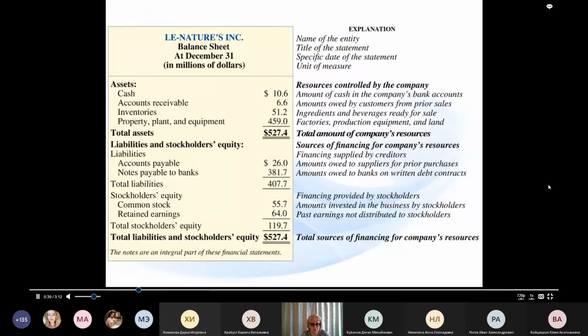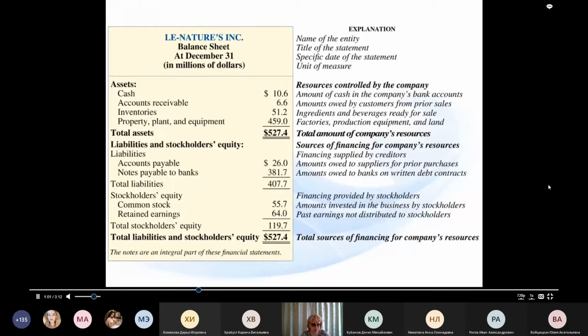Then, it specifies the date of or accounting period covered by the statement. A balance sheet is always prepared as of a certain date, such as December 31st. And finally, it sets forth the unit of measure that is used in the statement. For example, the amounts reported may be stated in millions of dollars.